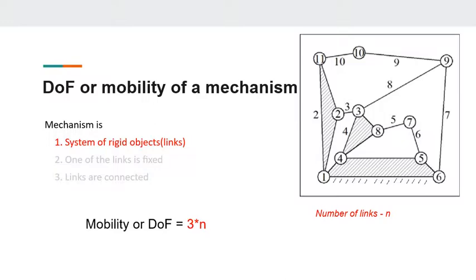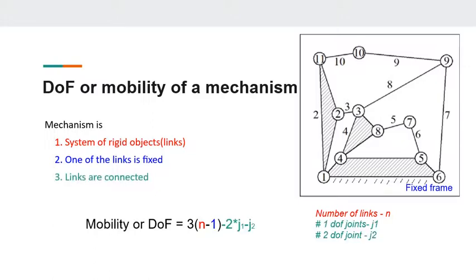By the first condition, an n-link planar mechanism can have degrees of freedom of not more than 3 times n. But since one of the links of the mechanism is fixed, the maximum degrees of freedom reduces to 3 times n minus 1.